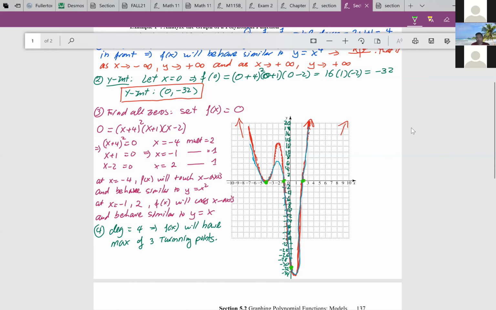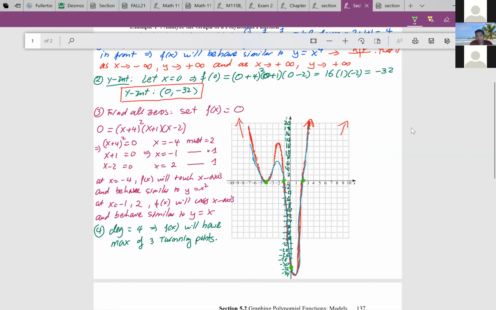And as you can see in my description, when x equals -2, the multiplicity is 2, so we know it will touch and also behave like a parabola. So around -4, I will have a parabola shape. And then -1 has a multiplicity of 1, so it will behave like y equals x. So it's a straight line, you're going to go straight through there.